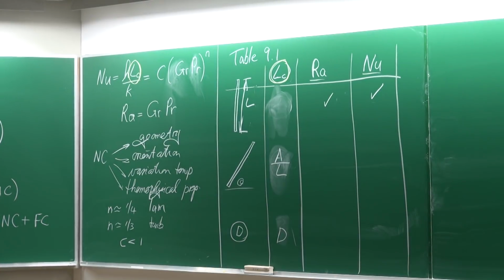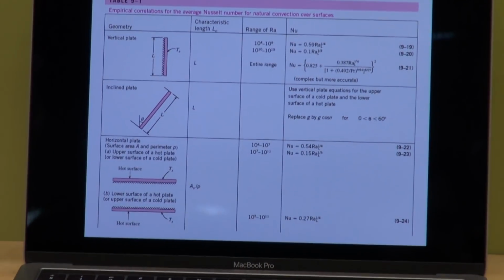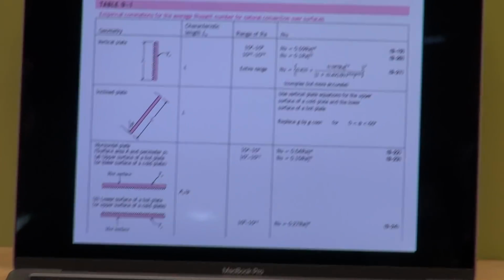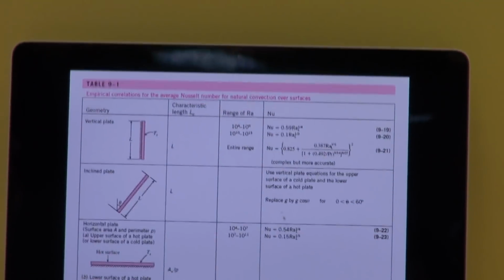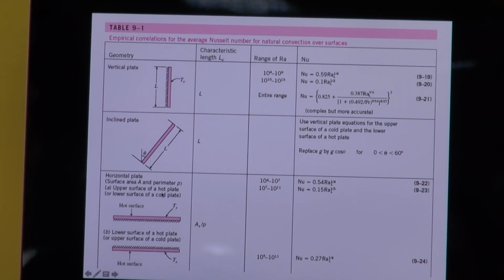You see that? So look in your textbook now to table 5.1. It's here on the PowerPoint. And there it shows the different types of geometries. Also, for these cases, which surface is being heated. And then here's the characteristic length. That one is equal to L, that one is equal to L, but that one is equal to the surface area divided by the perimeter.